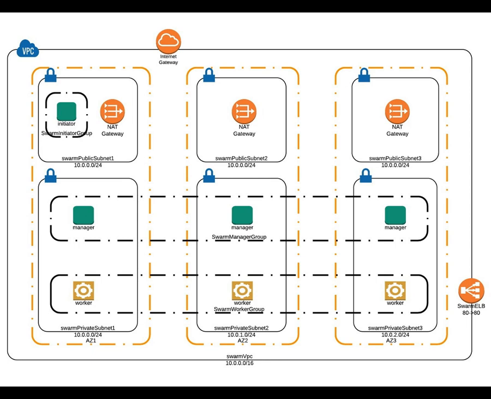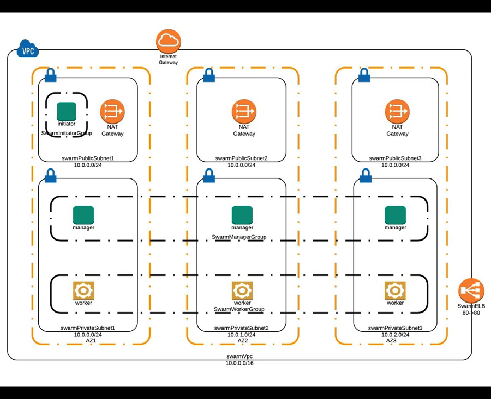So you see a group of manager nodes that are distributed across the availability zones. So we could lose an entire AZ and our cluster will stay up and running perfectly, not a problem. And again, also our worker nodes are also distributed across all the availability zones.